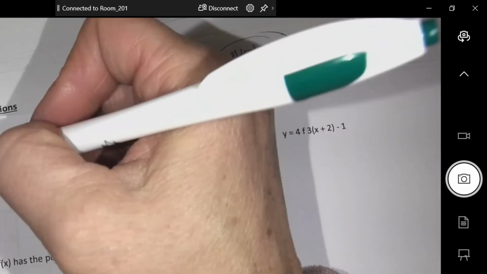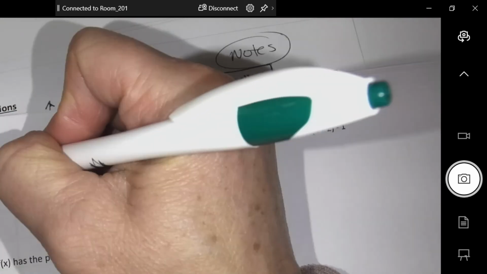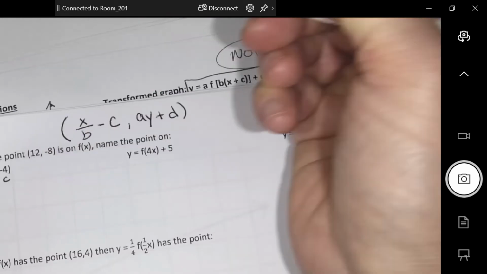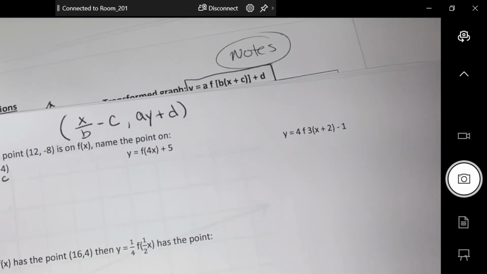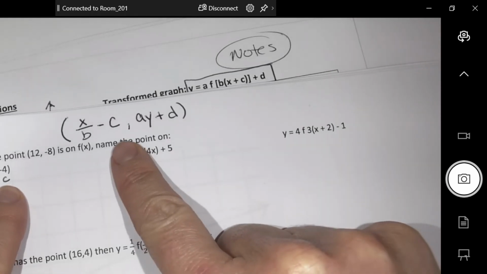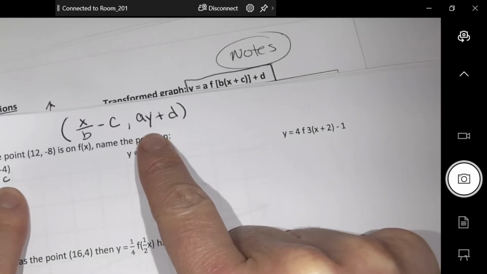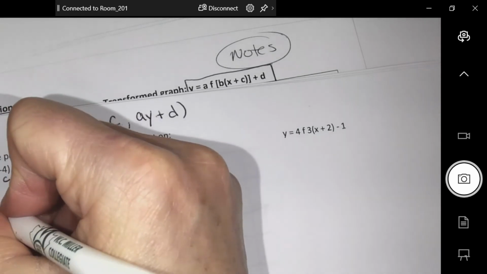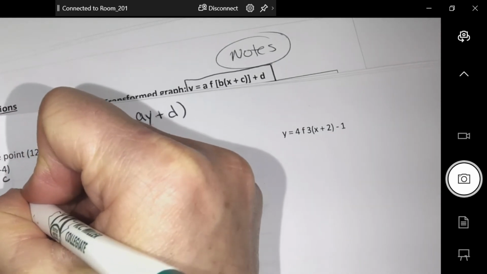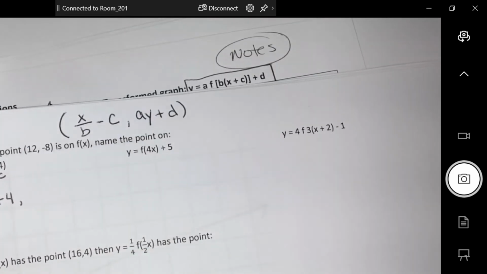Okay, so let's write this out. If this is an A and this is a C, can you apply those into something that looks like this? So X plus 4. See where I got that from? I did an opposite.